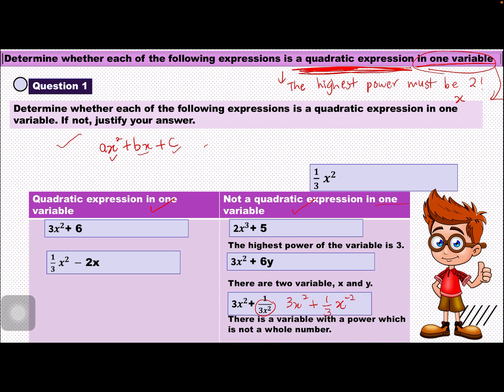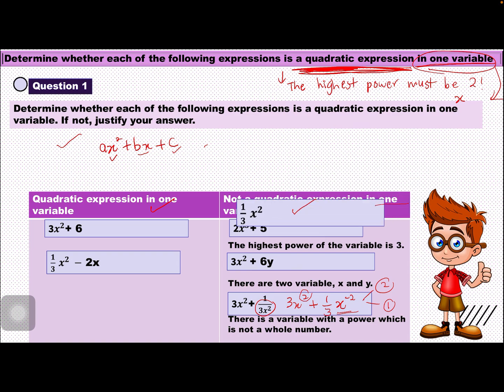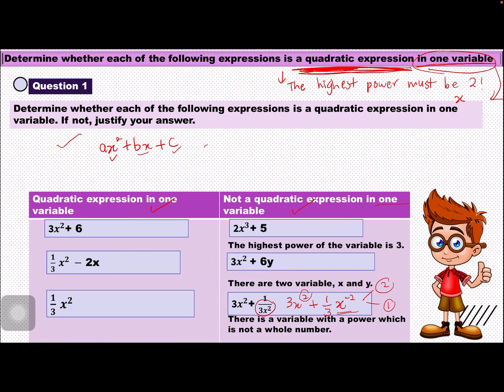We should not have any other power except power of 2 or power of 1. So this is not a quadratic expression in one variable because the power is not a whole number. The power must be 2 or 1. Okay, right. The next one is 1 over 3x squared. This is a quadratic expression in one variable.